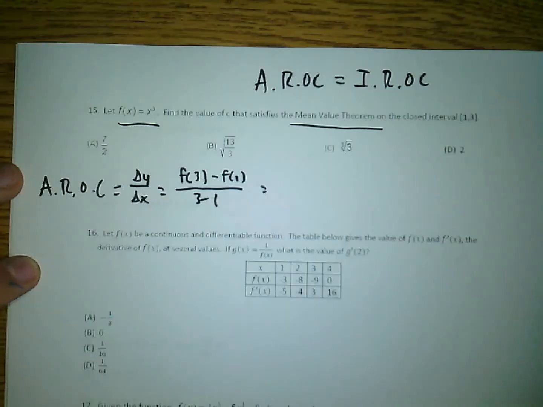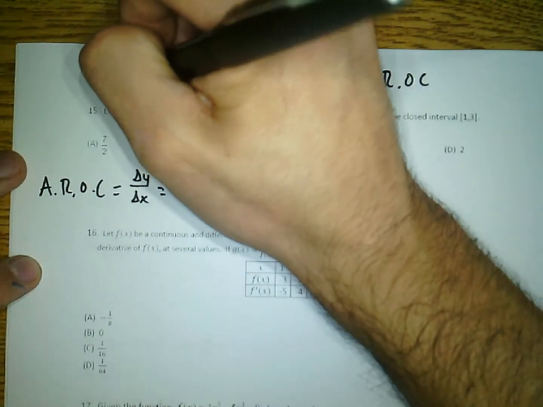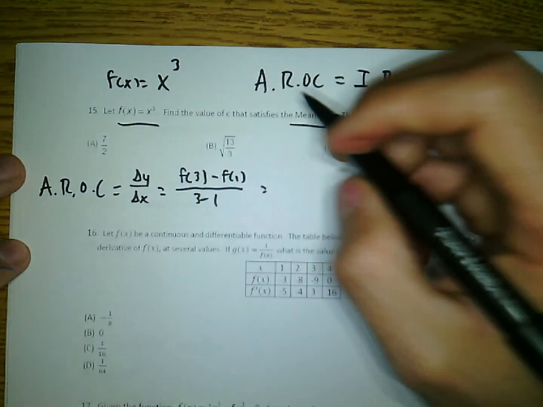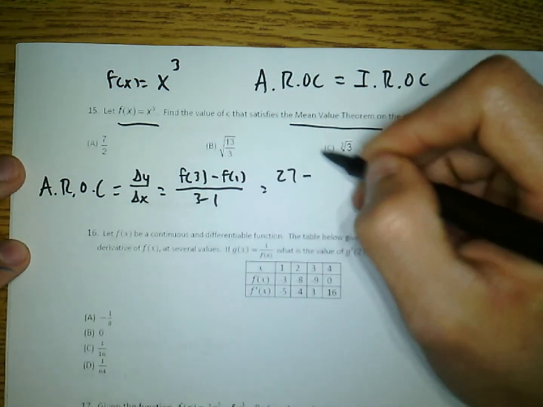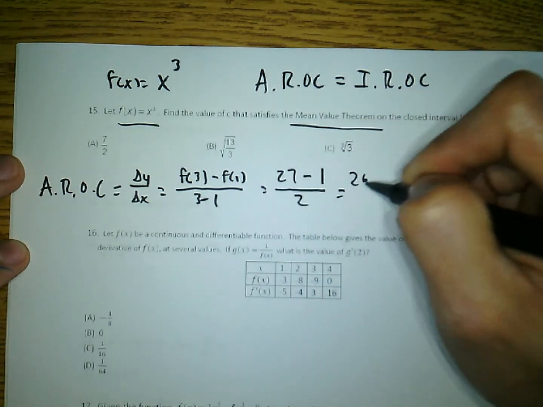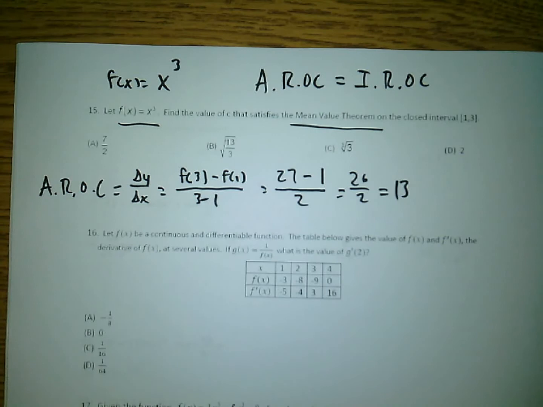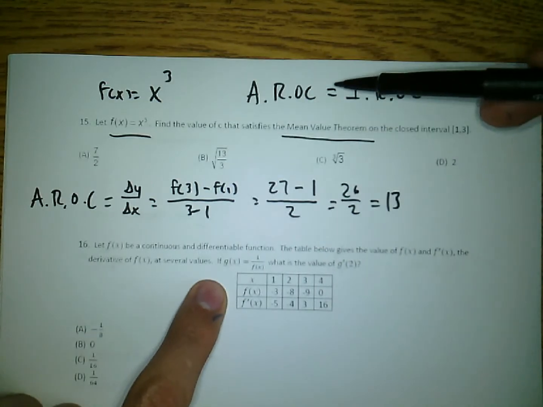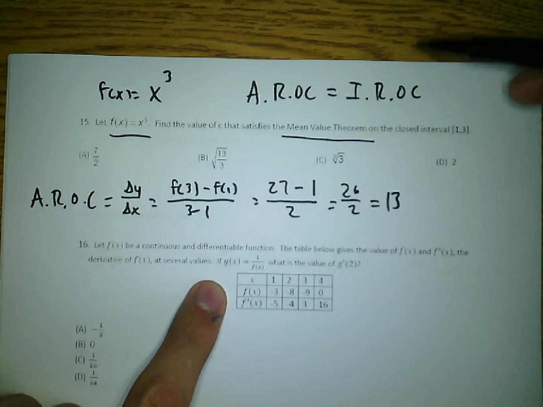Okay, if the function is, by the way, it's hard to see, the function is x to the third power. That will be 3 to the third power, which is going to be 27, minus 1 to the third power, which is 1. 3 minus 1 is 2, so that's going to give me 26 divided by 2, which gives you 13. So that's your average rate of change. Average rate of change has to be equal to the instantaneous rate of change in order for the mean value theorem to work.